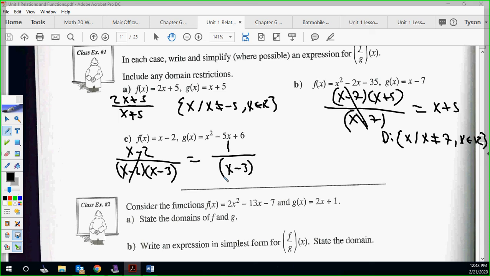Your domain still has two restrictions, 2 and 3. So the domain is x can't be 2 or 3 for x in the reals. There's your set builder notation. It only asks for the domain, so you don't have to worry about that range piece we talked about earlier.